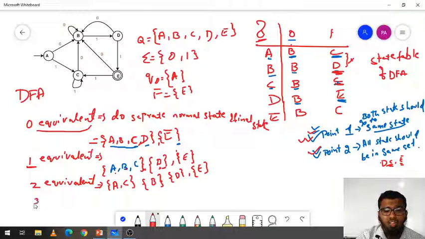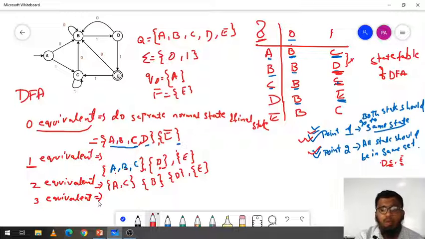Now go to the third equivalent. Just check it. A comma C is equivalent or not. A on 0 is B, C on 0 is B. So here A on 1 is C and C on 1 is C. Yes, both conditions are satisfied.